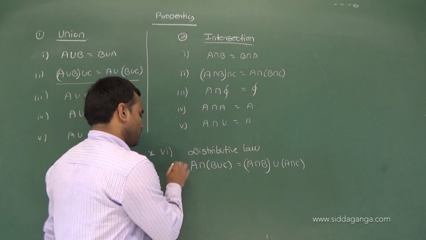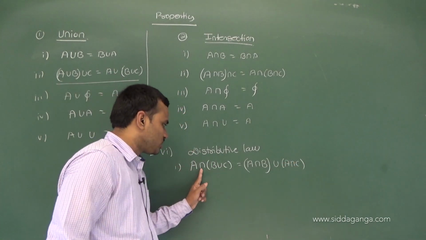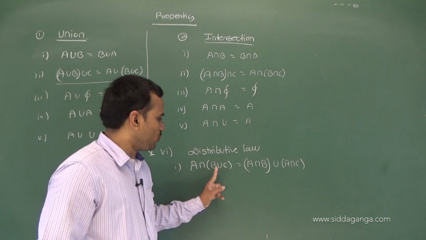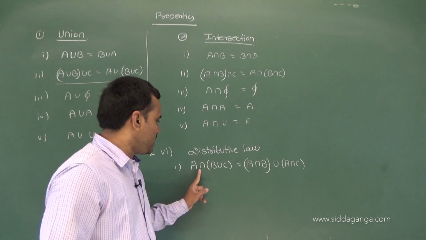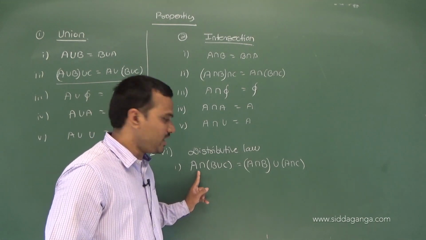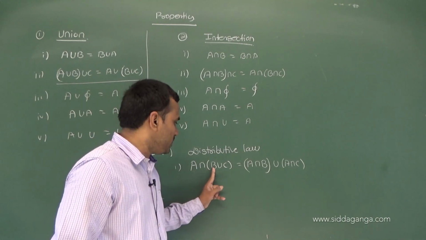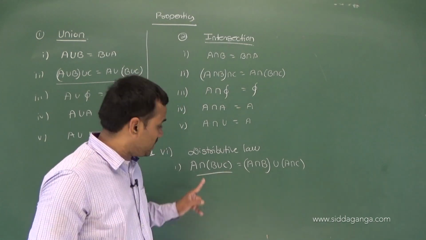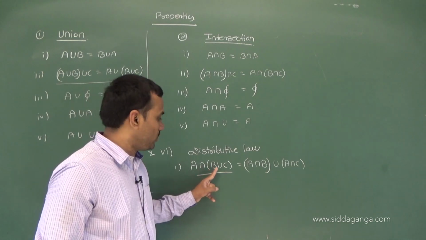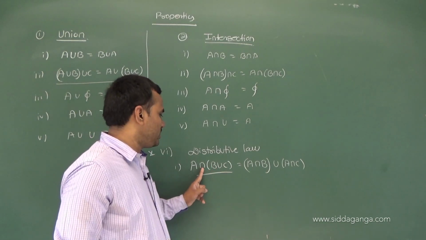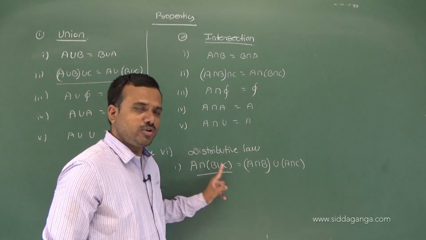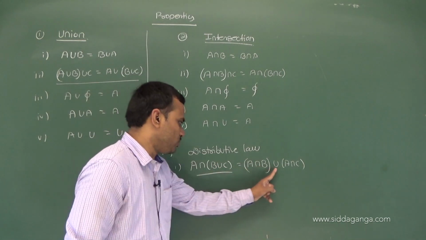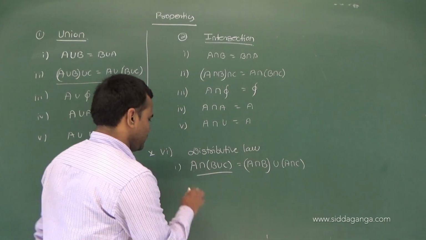This is the first one, intersection over union. Observe the LHS very carefully. Intersection over union. A ∩ (B ∪ C) is always equal to what? (A ∩ B) ∪ (A ∩ C).